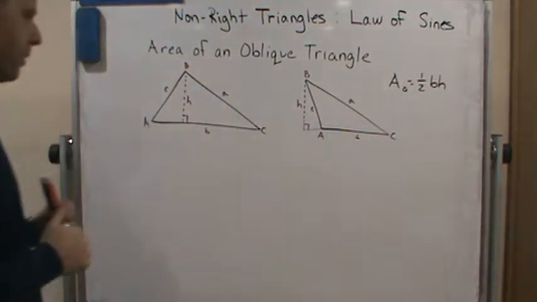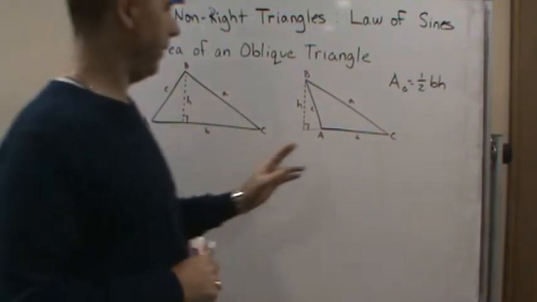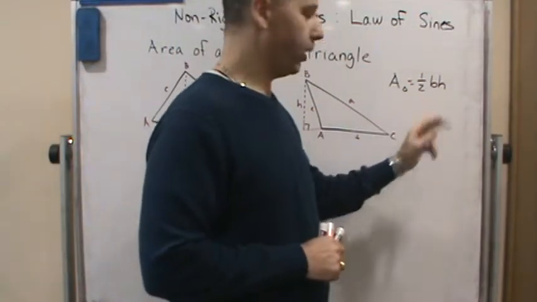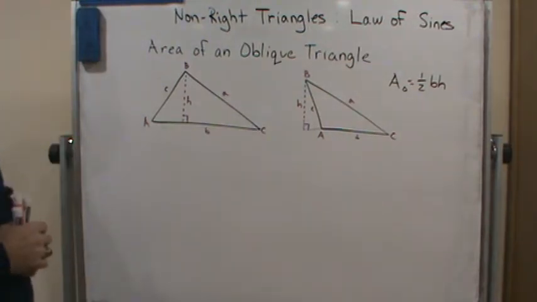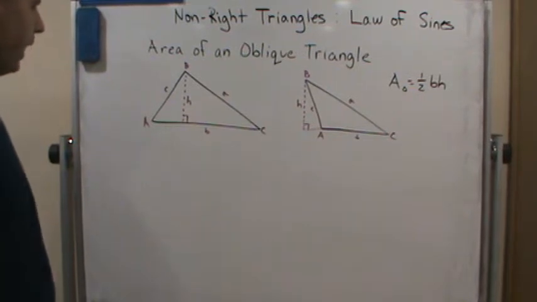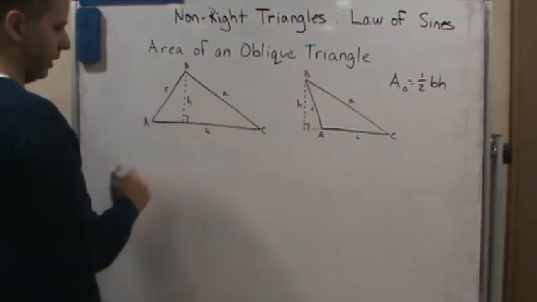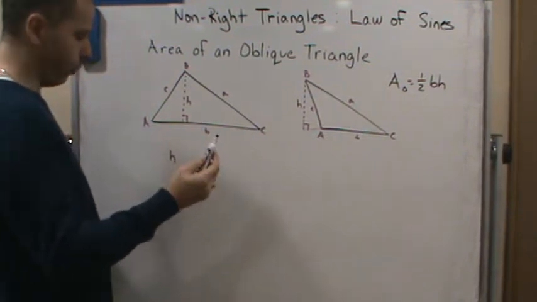Okay, so now H represents the altitude, the height of the triangle. And so now, how do we form that formula when dealing with an oblique triangle? Well, let's look at this one here. So how do we find the height of this triangle?